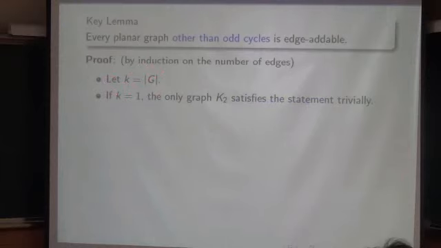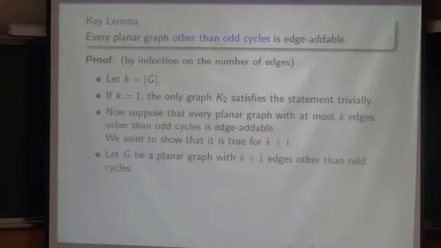Let k be the number of edges of G. If k is 1, the only graph is K2, and K2 satisfies this statement trivially because there is no vertex of degree at least 2. So the graph itself is the edge-added graph of the original graph.